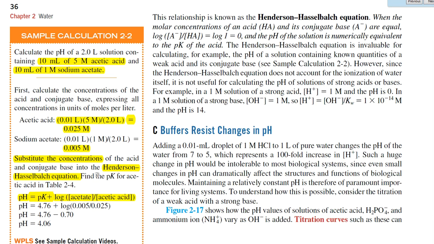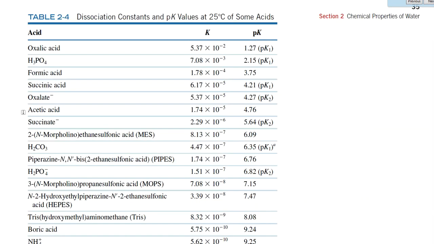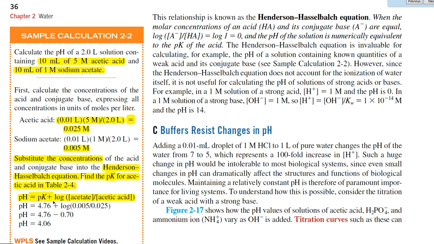Here it says to find the pK for acetic acid in table 2 to 4. The pK for acetic acid is given, which is 4.76. We will put this in our equation: pK 4.76, plus log of the concentration of acetate by the concentration of acetic acid, and we get the final pH.